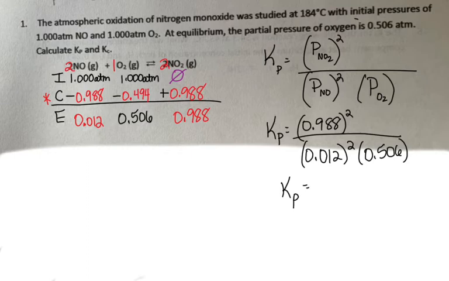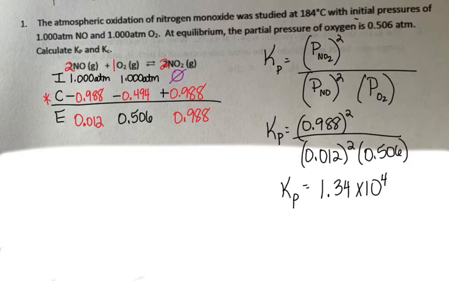Watch the math on it. For Kp, I'm getting 1.34 times 10 to the 4th, okay? Again, unitless.